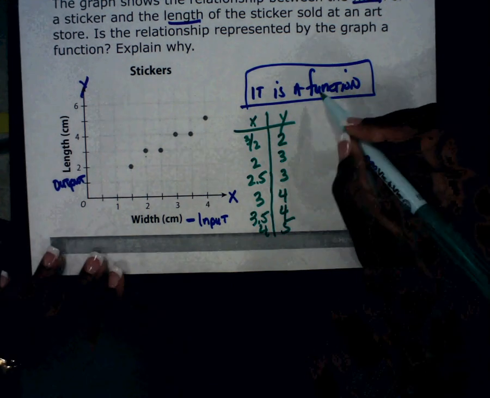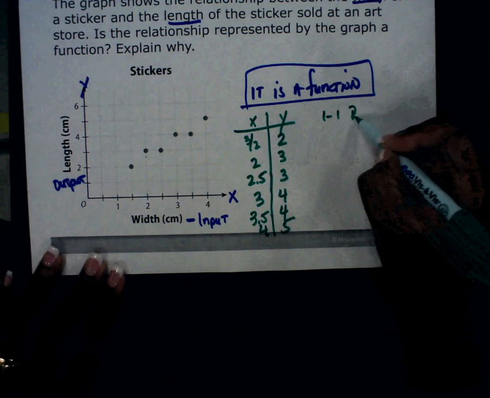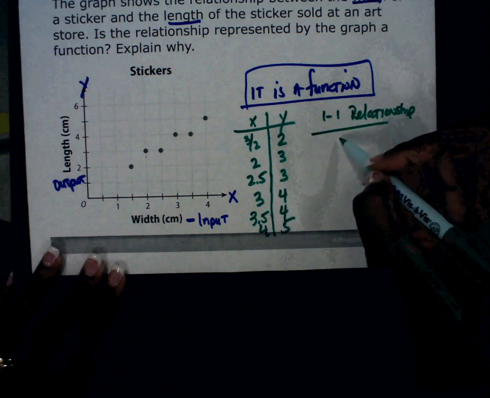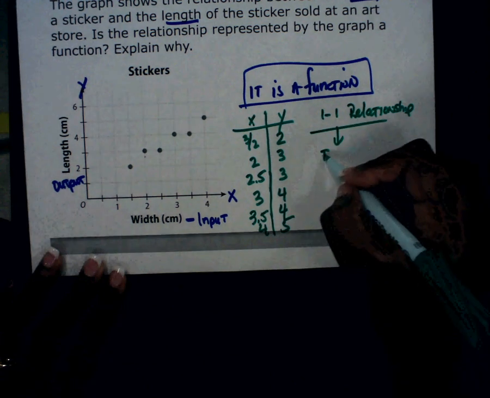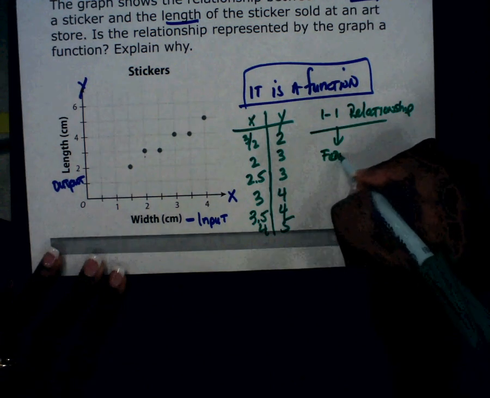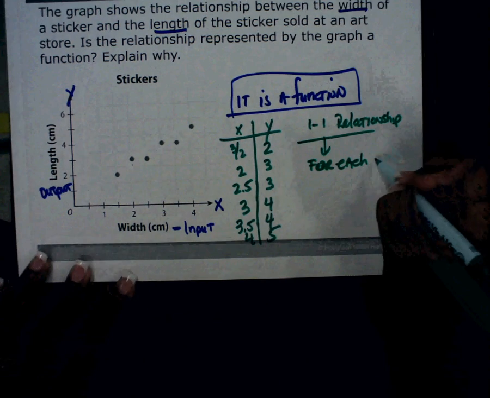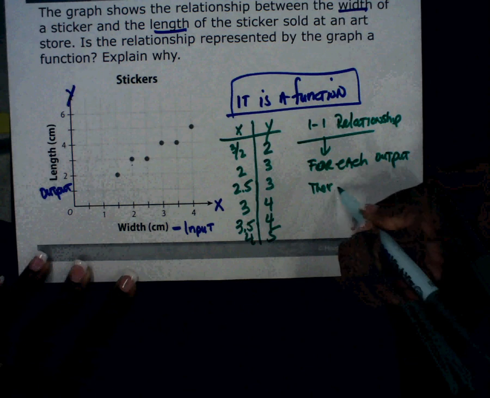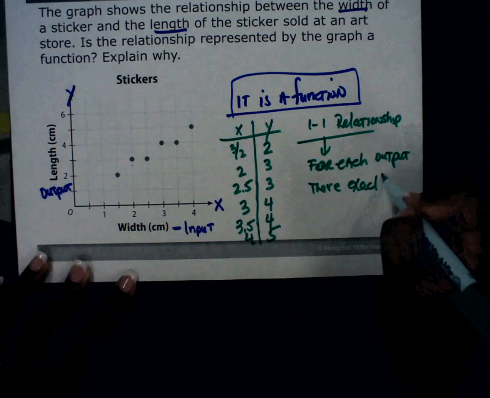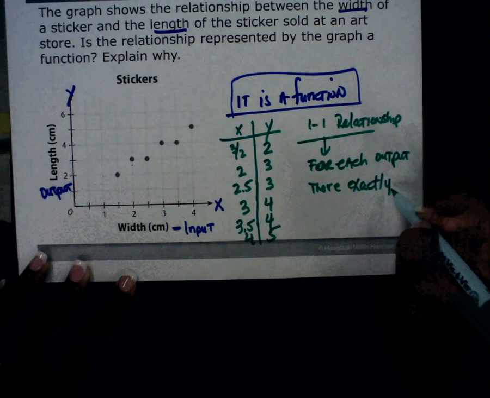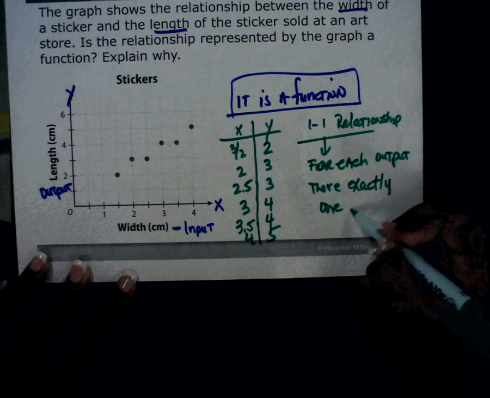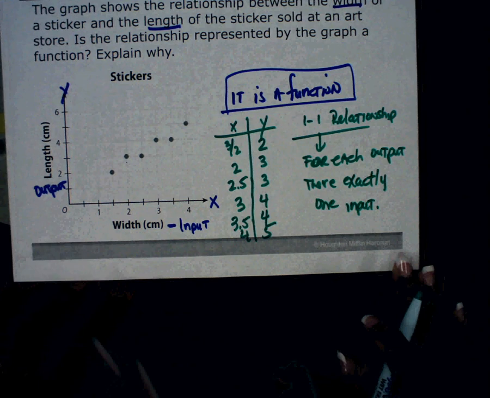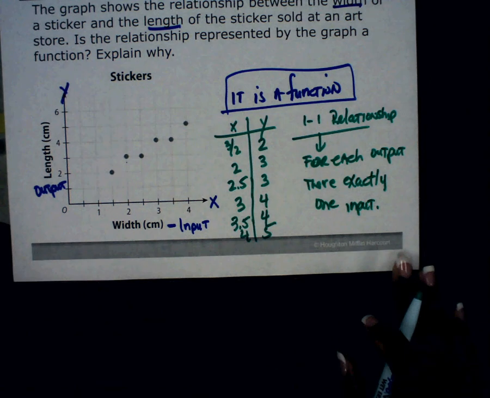Because it has a one-to-one relationship. And what does that mean? That means that for each input, there is exactly one output. So that's the reason why it is a function.